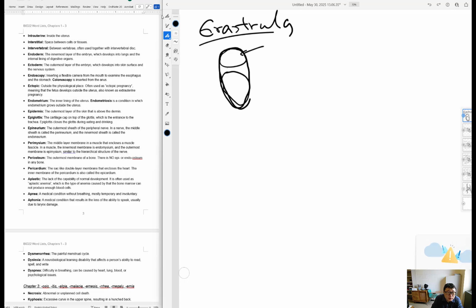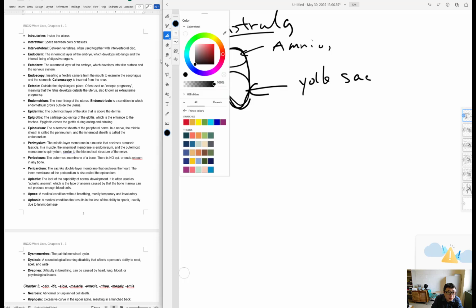This we call the amnion, and this is the yolk sac, and in the center is the real embryo, and the real embryo has three layers.